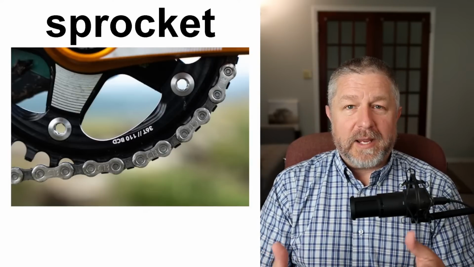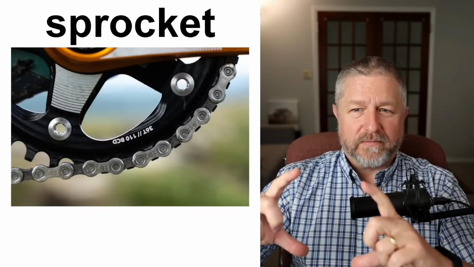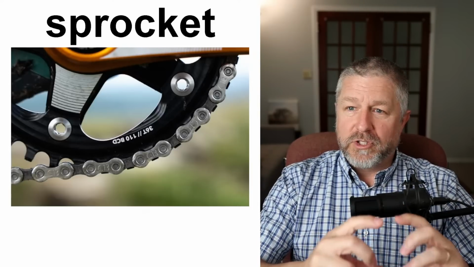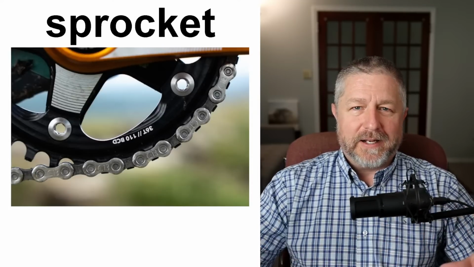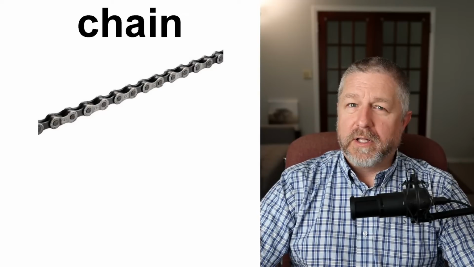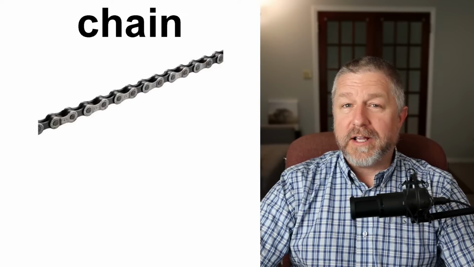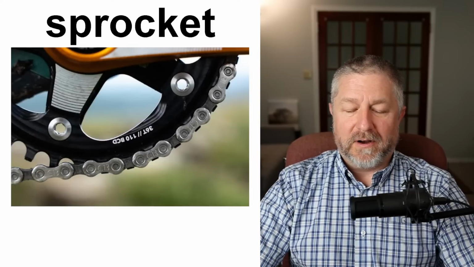If you have a bicycle, you can go and look and you will see a sprocket at the front. There might be 2 or 3, and then there might be 1, 2, or 5 or 6 sprockets at the back, and connecting them will be a chain. So we would call it a bike chain, but there are chains used in all kinds of different pieces of equipment. But probably the most common would be on a bicycle.